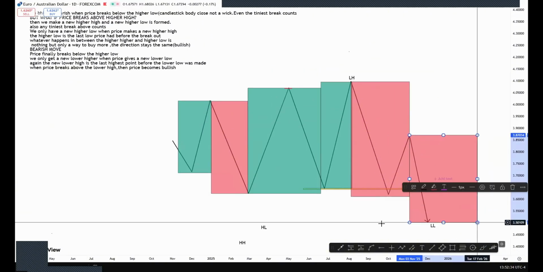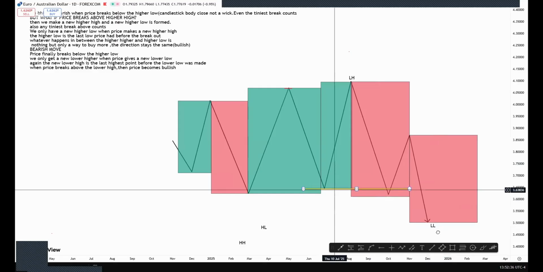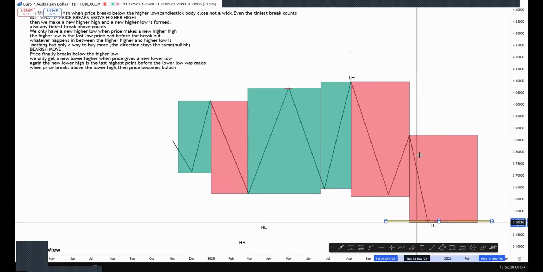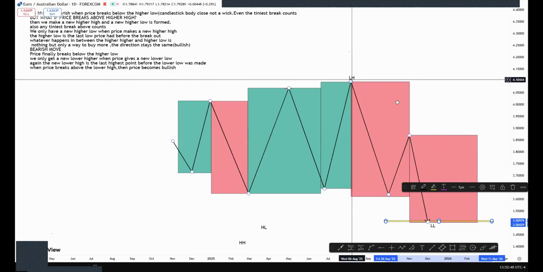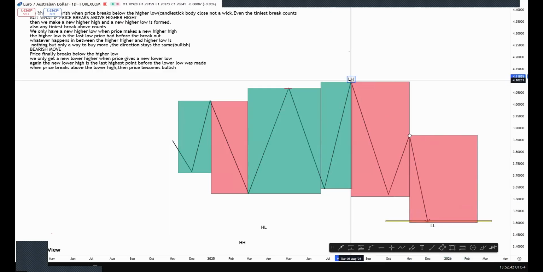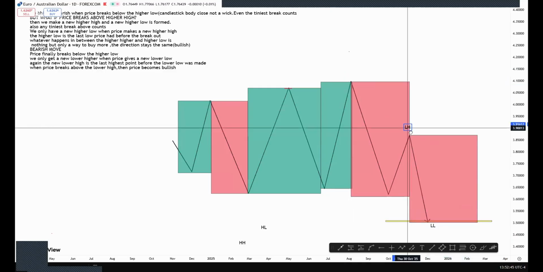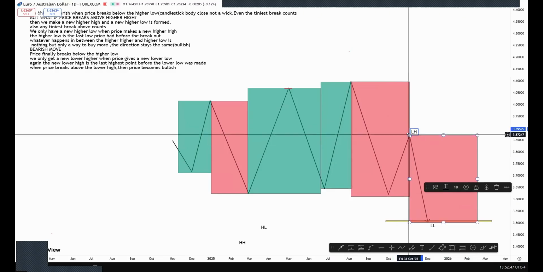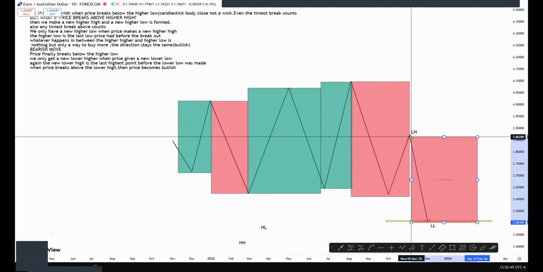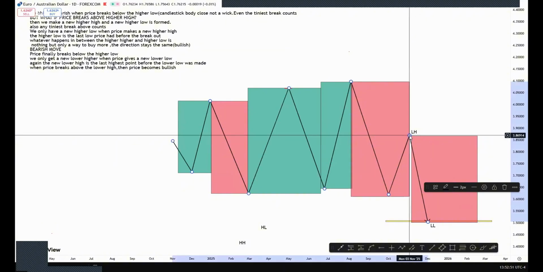Notice how I've updated this. I've placed my lower low here, but my lower high also is updated. It hasn't been left here, but we've also dragged it down here because this is the last highest point before we got the break. If you can see this one.